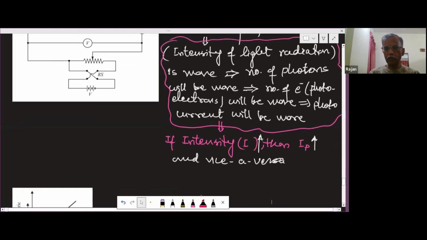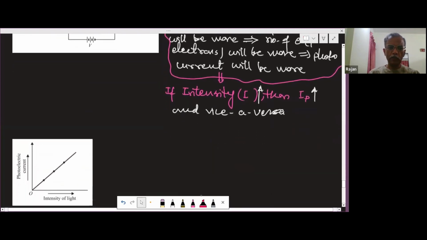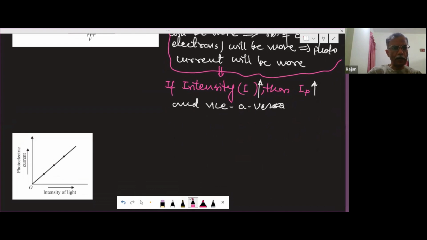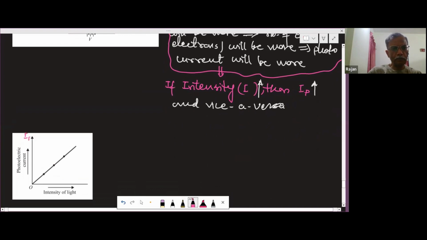And if we try to understand on the graph, you can check it on your left, the photoelectric current, this is your IP, and here the intensity of light, which we normally denote by I. The various points have been located here.